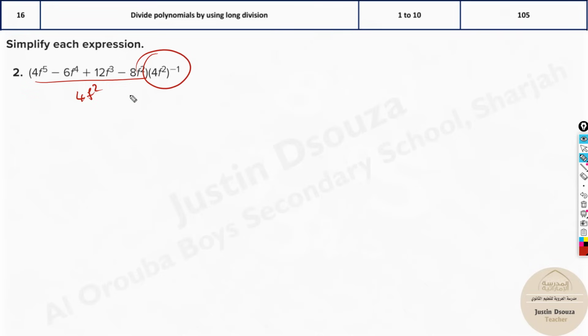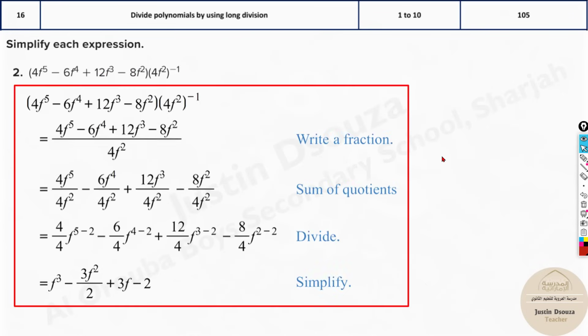It goes to the new denominator. From the numerator, it goes to denominator and the power becomes positive. So basically how we write this is, I will show you over here. So this is how we write it. This entire term divided by 4f squared. And then you split it out evenly throughout each term.